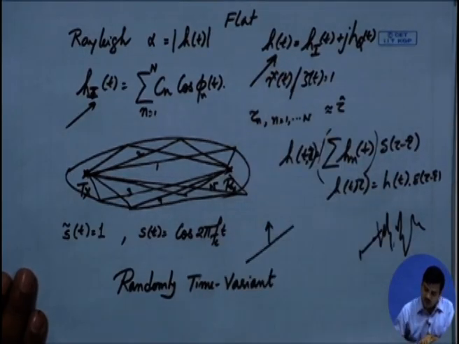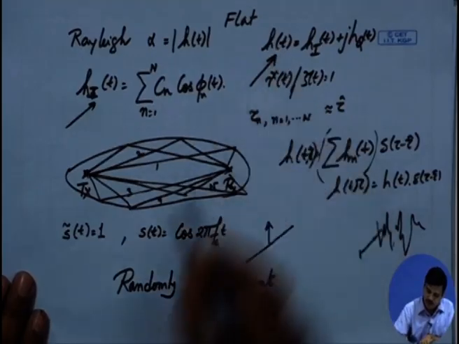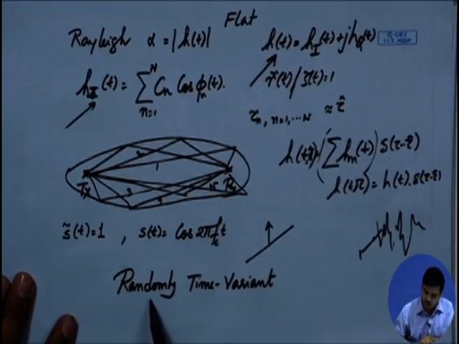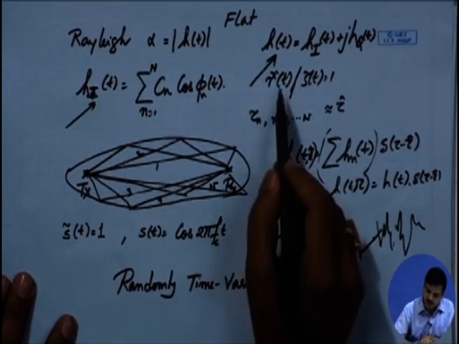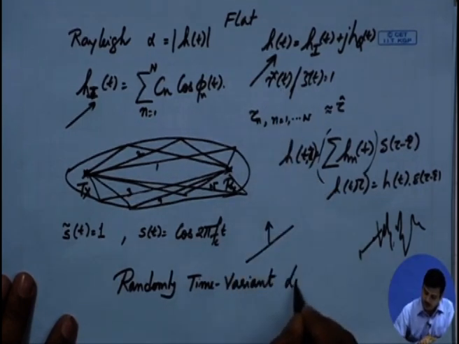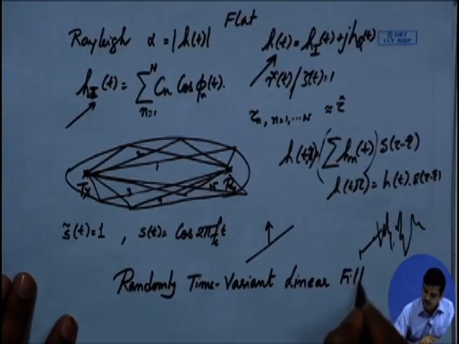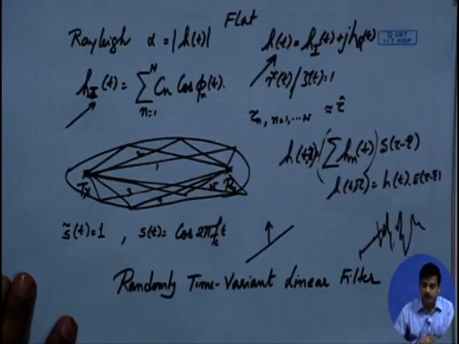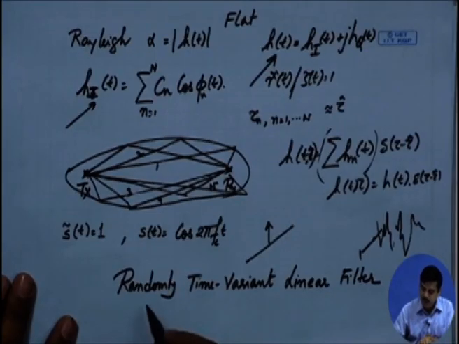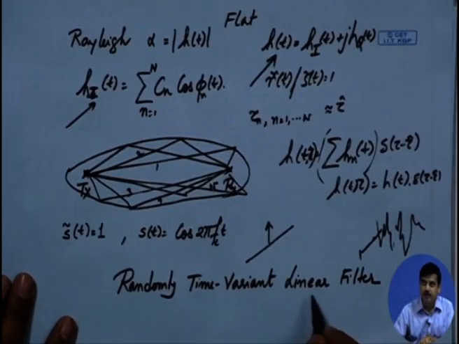When this is Gaussian distributed, we have seen that this random distribution is Gaussian distributed for the special case, and the received signal can be represented as the outcome of a linear filter. So, effectively we have the channel as a randomly time variant linear filter.